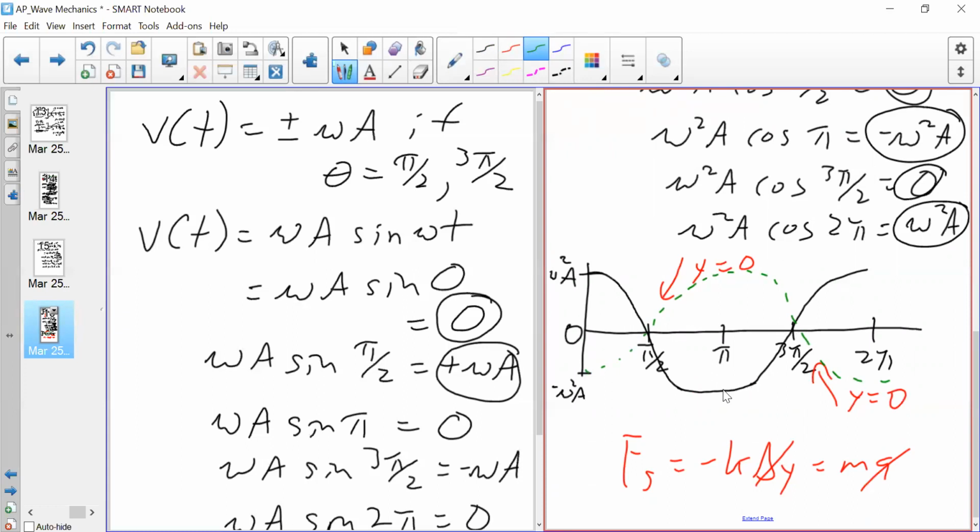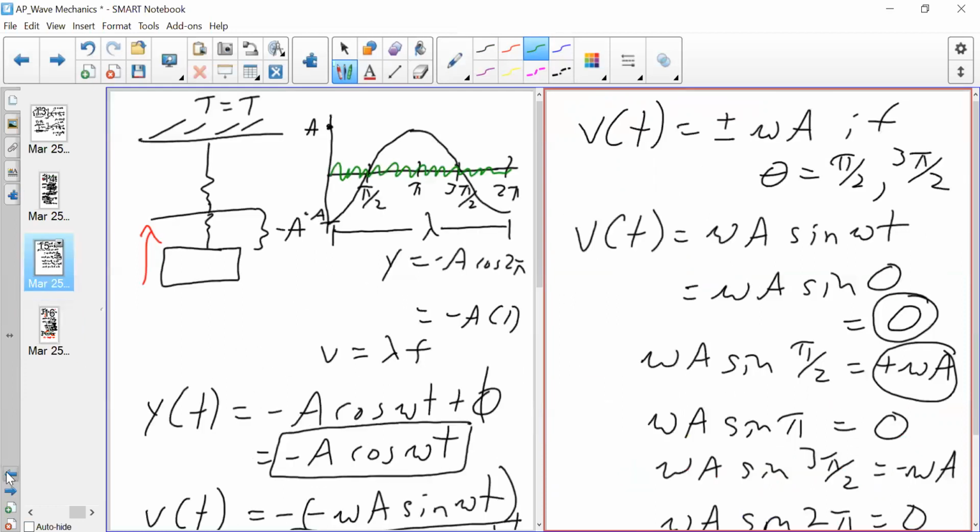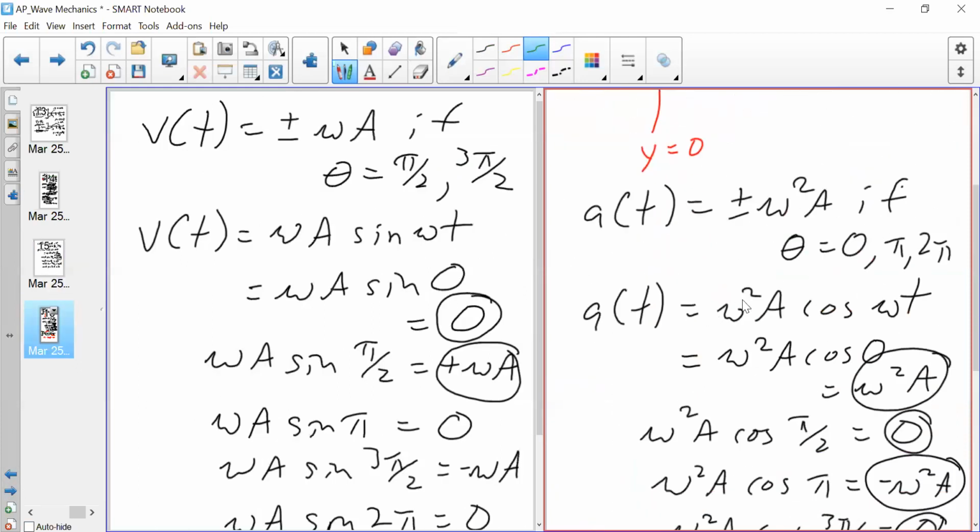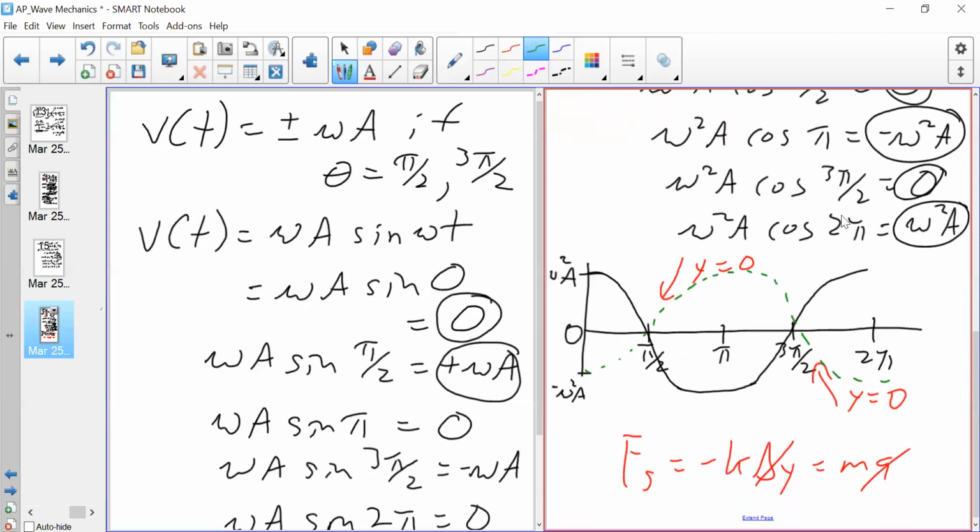It's maximum here, therefore the acceleration is going to be negative. It's got positive amplitude, it's up in the air, and the acceleration is directed downward. That's why it's negative at this point.